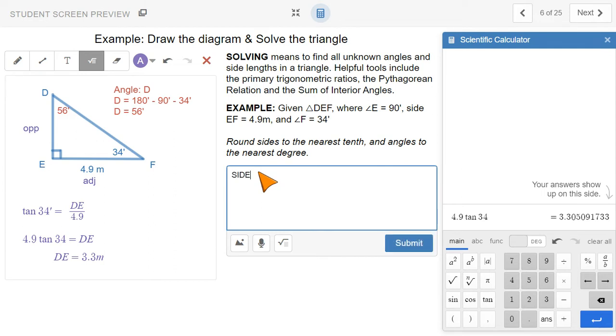Our last side, side DF. This is our hypotenuse. We have two choices we could use. We could use trig ratios again to solve for our missing side, or we could use Pythagorean relation because we have two sides already.